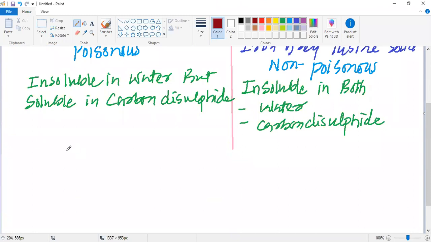Next, we can say that our white phosphorus exists as a discrete molecule. That is how I can show you this white phosphorus. So we can have white phosphorus in this manner.